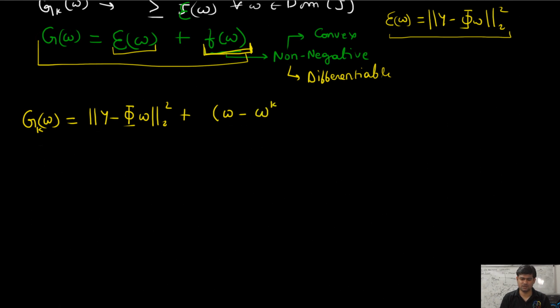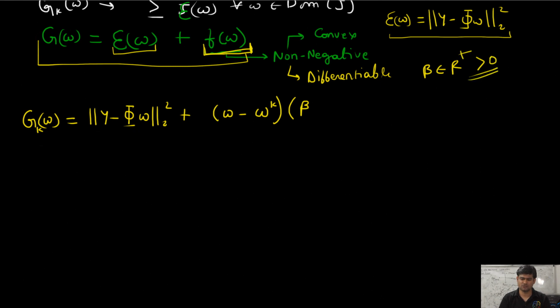Wk is the solution for the parameters W at the kth iteration of this algorithm, times some parameter beta, where beta is a scalar and beta is greater than 0.